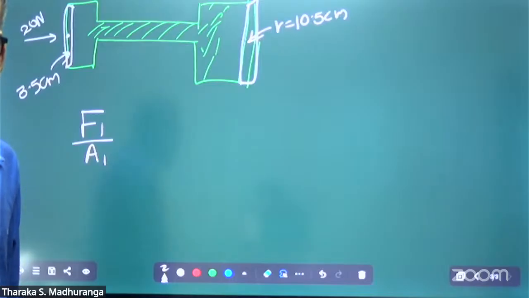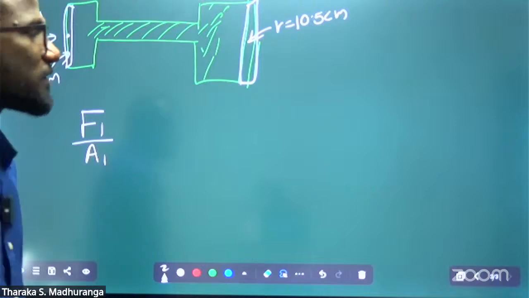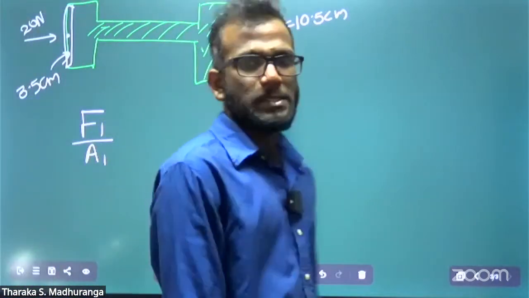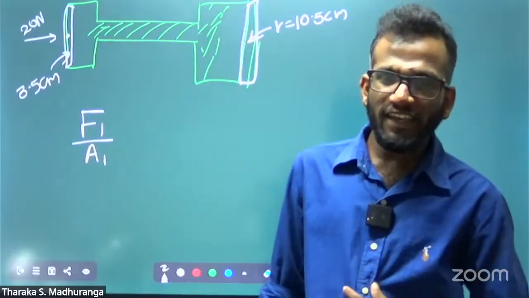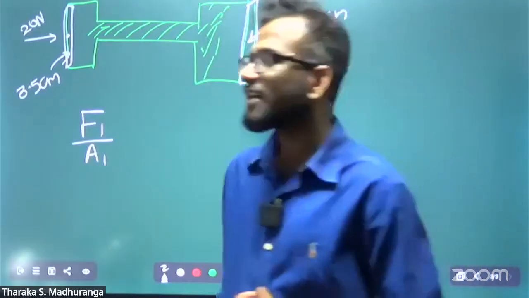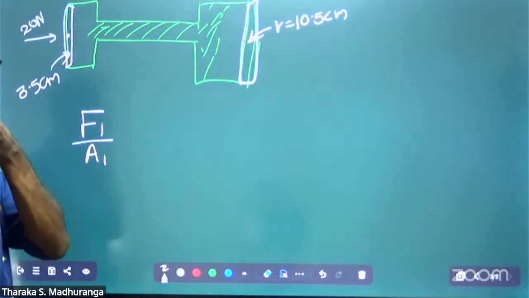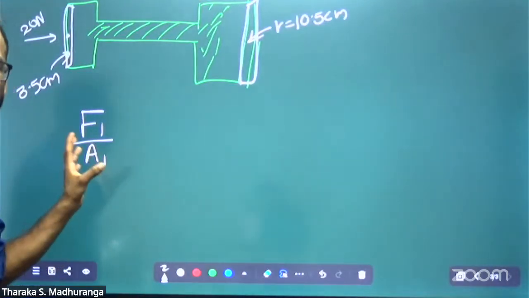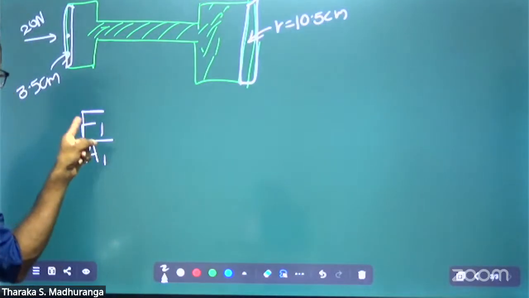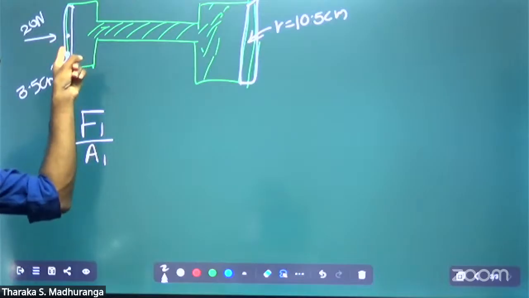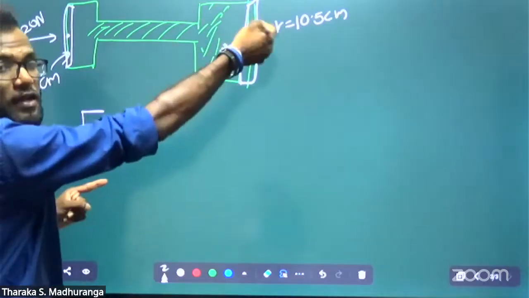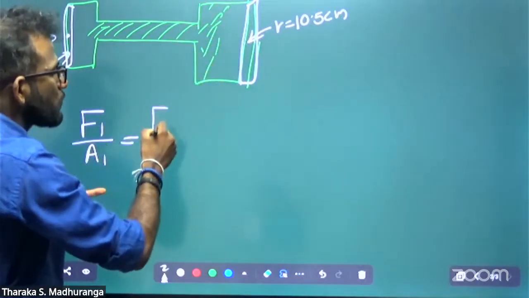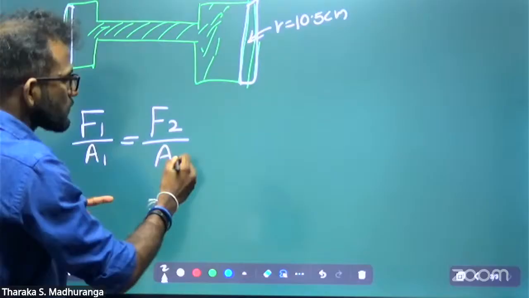Don't mix it with A1 V1, that is the continuity equation. This is force, the pressure. This point's pressure F1 over A1 equals this side's pressure F2 over A2.